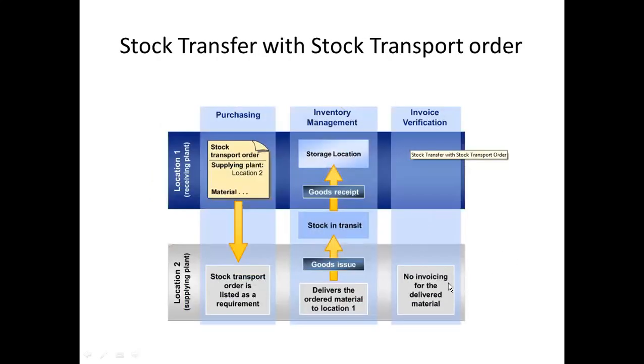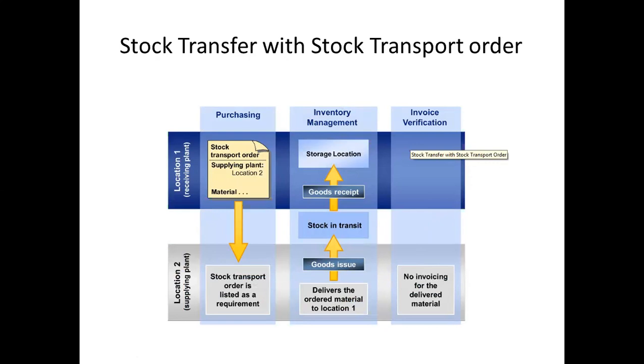So we have discussed the different scenarios of procurement. One is the stock transfer with the stock transport order. A stock transport order is used when the material is being supplied by one more plant of the same organization.